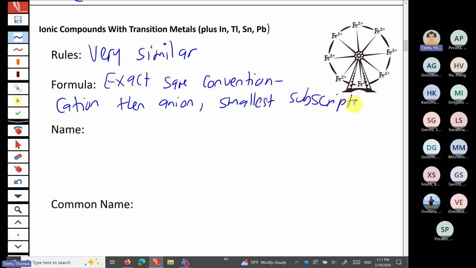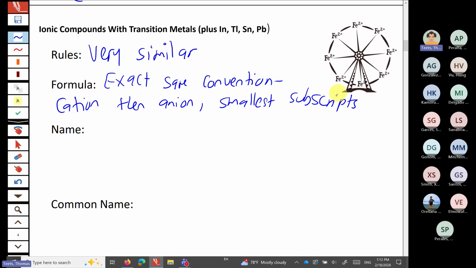The difference with transition metals, which we haven't talked about a lot, but maybe already something you're aware of, is that transition metals don't have nice, predictable charges that they form when they make ionic compounds. So, classic transition metal, iron, Fe, there's no way to easily predict what charges it's going to form. And in most transition metals, there's more than one possible cation that can be formed.